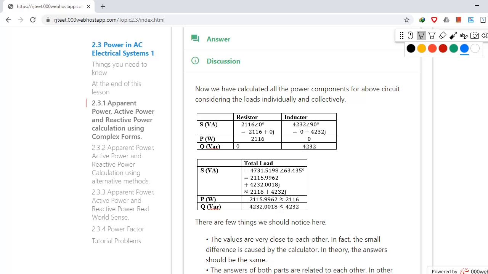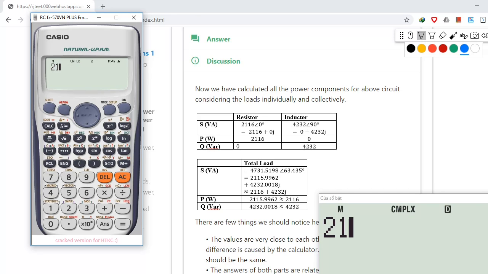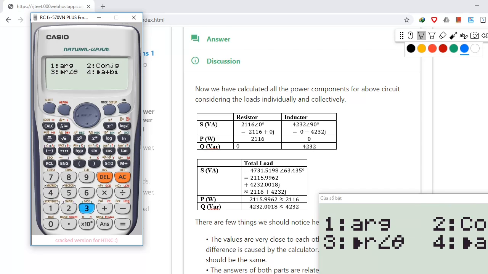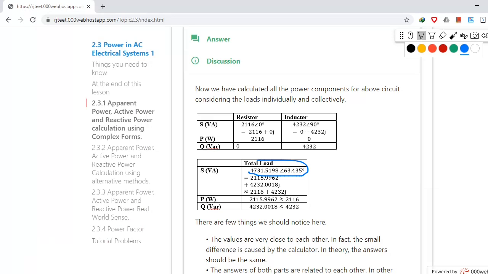And apparent power is not the same because, again, if we add up these two individual apparent powers, in this case 16, and I'm not going to take the zero angle because it's a real number, plus this value here, 4232, angle is 90, and this value, if I convert back to polar form, you can clearly see it's very much close to our apparent power here.